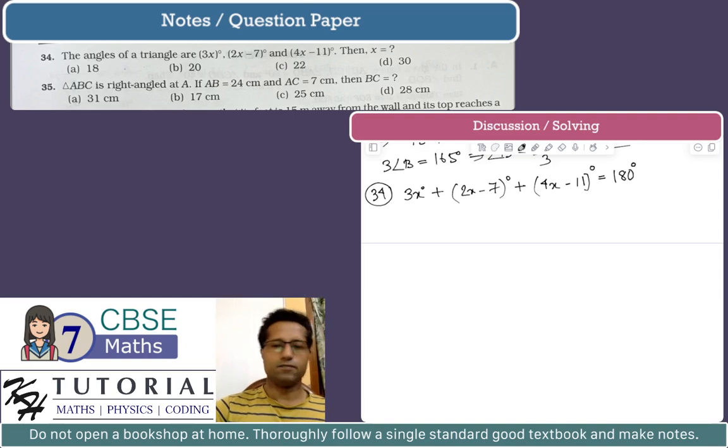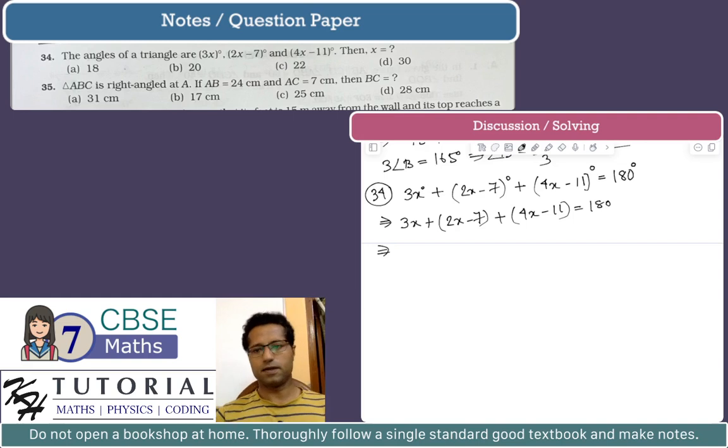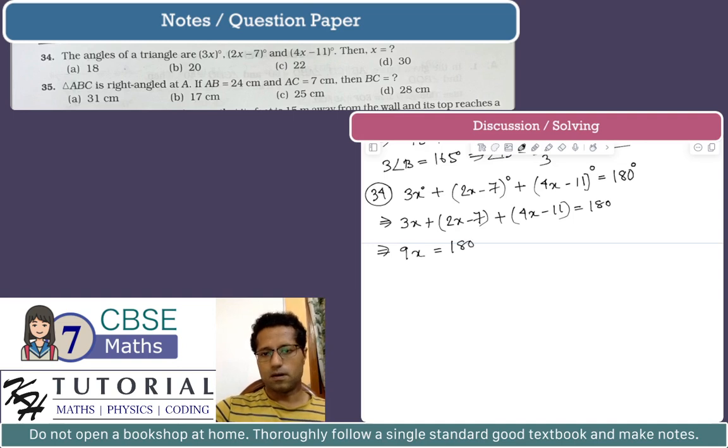Now we can get rid of the degrees and say that 3x plus 2x minus 7 plus 4x minus 11 is equal to 180. Now if I add up all the x terms and bring all the constant terms to the right hand side, I get 9x equal to 180 plus 18, which is equal to 198.